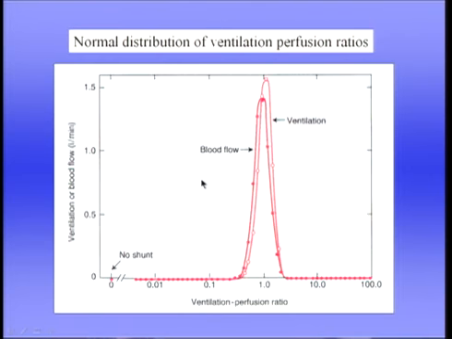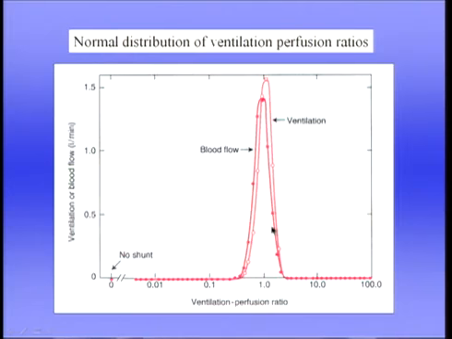Now the important thing about this image is that all the ventilation and blood flow are clustered around the normal value of about 1. And that's what you'd expect in the normal lung. You would expect that evolution has provided us with a lung that has good matching of ventilation and blood flow. You may say, oh, well, you've just been talking about these regional differences of gas exchange. Well, they're of minor consequence. I emphasized that at the beginning.